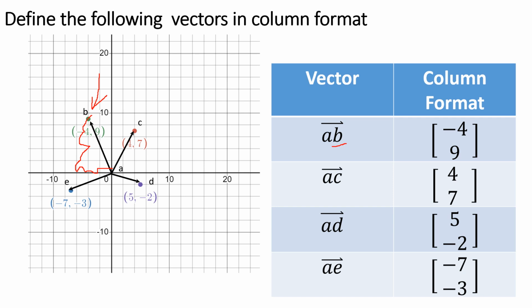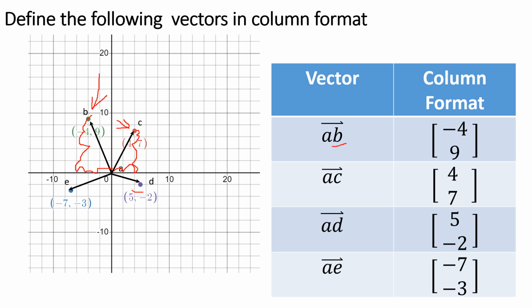AC is going to be 4, 7. And notice it ends on the C here. So it goes 2, 4 for the x coordinate, and 2, 4, 6, 7. AD, vector AD, ends on the D here.